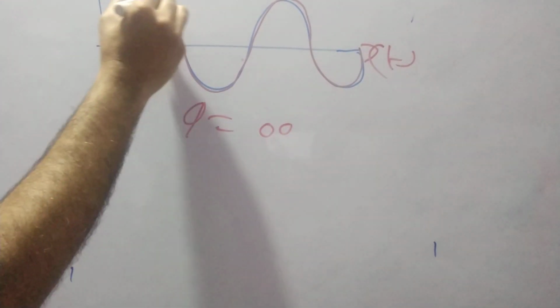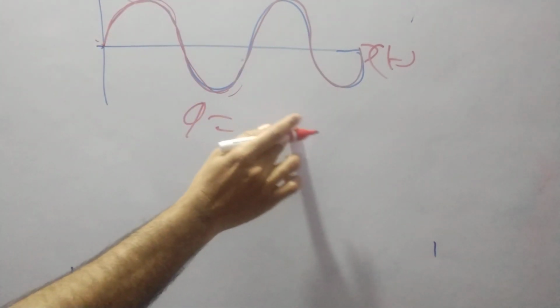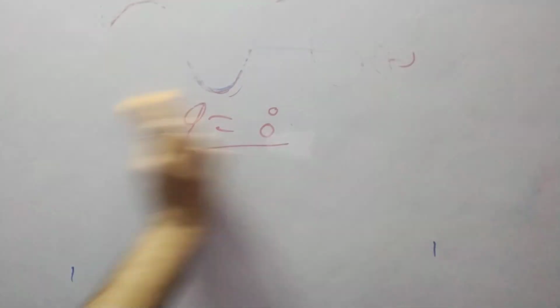Because both curves start here and they coincide, your phase difference is 0 degrees. So this is the procedure to find the phase difference for a single curve and for two curves.